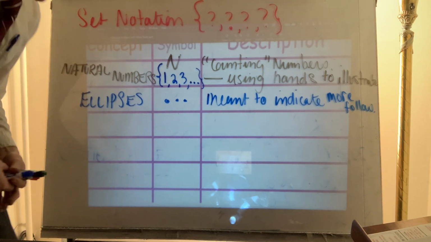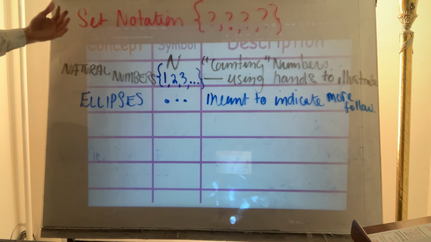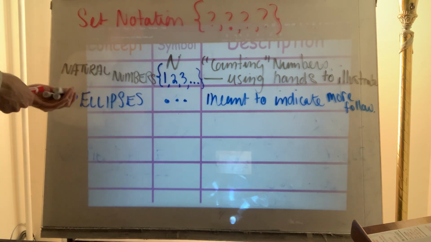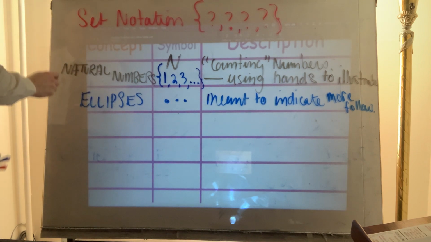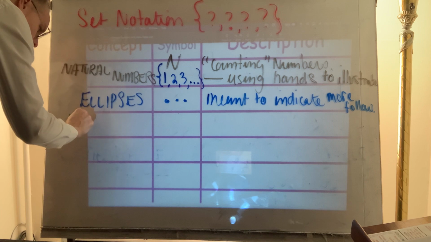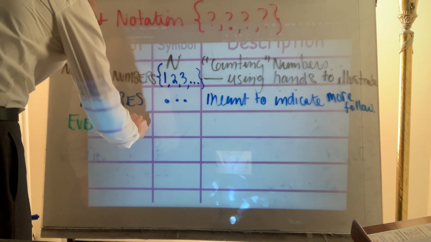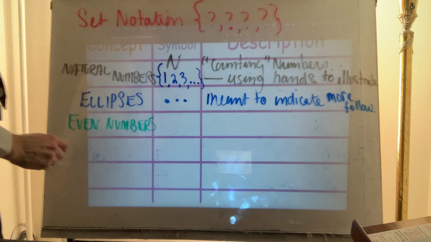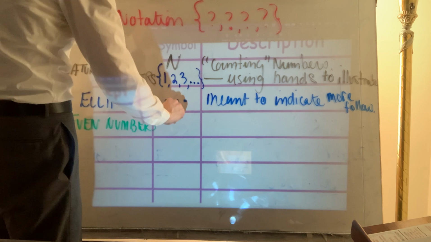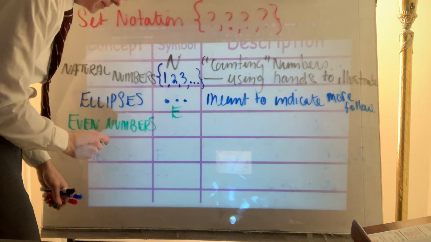Now, for the sake of contrast, we have the natural numbers and then this next concept, the even numbers. The even numbers could be abbreviated by a capital letter E, but I don't know if that is formal enough. I'm not sure people have agreed on that.